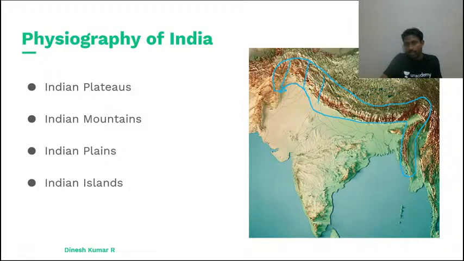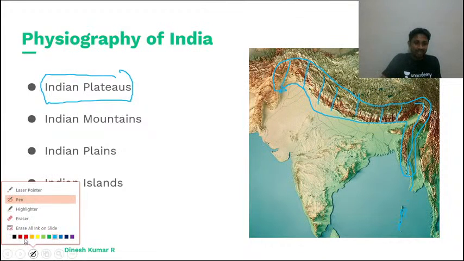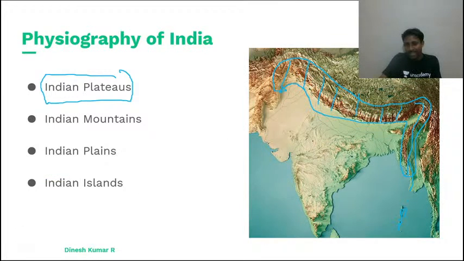Fine. So please remember the Indian mountains continue towards this belt, and its continuation is what we have talked about as the Indian islands. And finally, if I talk about the Indian plateaus, what are these Indian plateaus? The rest of the area. What is that rest of the area? If I want to show you on this map, can you see this raised platform which is relatively much uneven? If I roughly want to draw it here, can you see this belt?